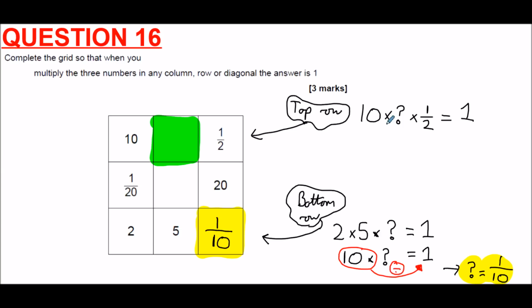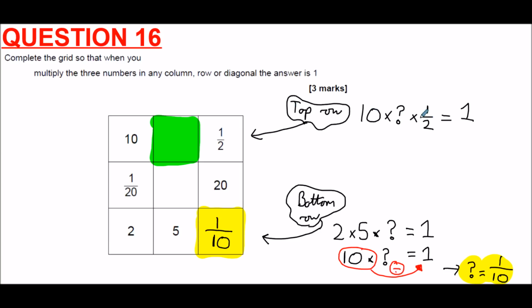So here we can simplify this a bit by doing 10 multiplied by a half first. 10 times a half means what would 10 halves be? If we had 10 halves of a pizza, that would be 5 complete pizzas altogether.